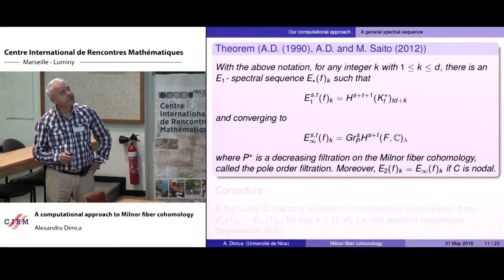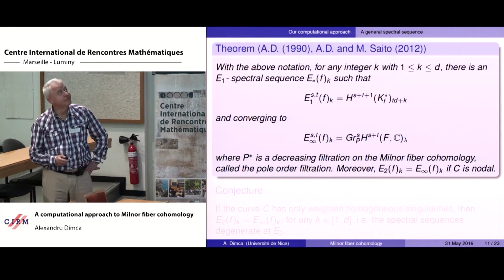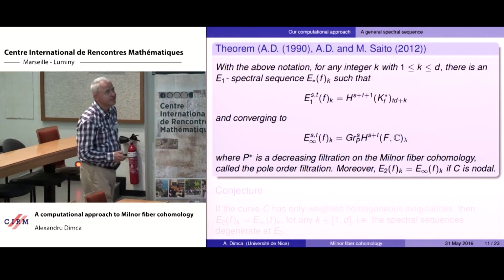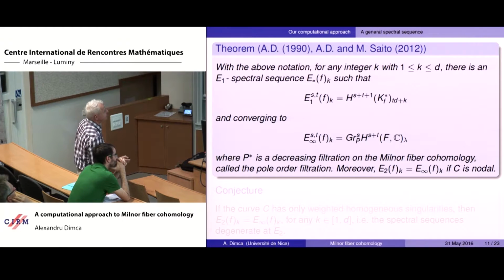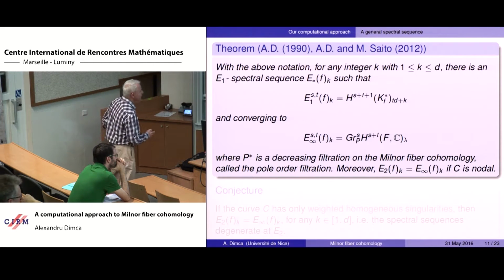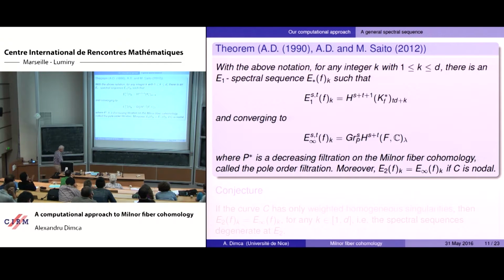Okay? And of course in this paper we have added many new results. In particular in this paper we prove that it degenerates in the case of a nodal curve. Okay, so I would like to say a few words on this polar filtration.